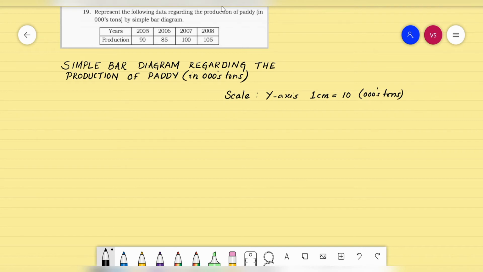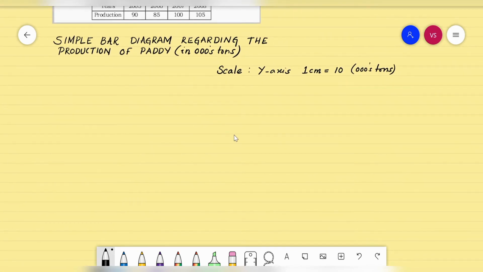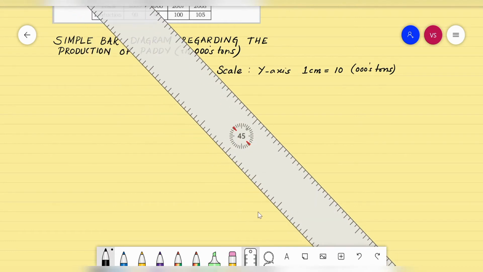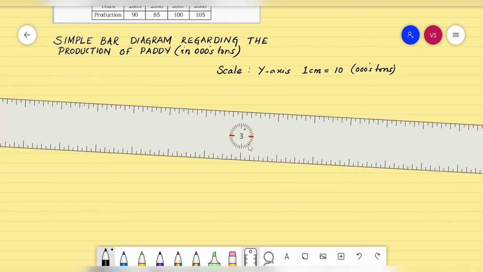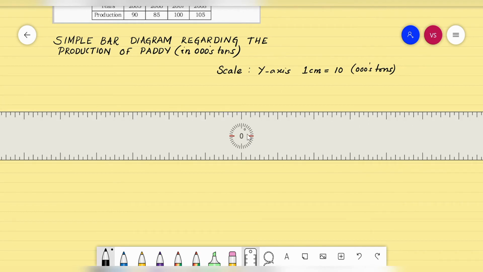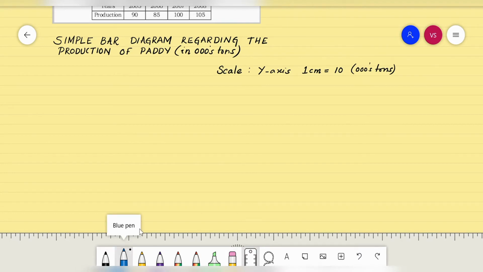So let's take a scale, and then let's draw the bar diagram, students. Is that okay? Right. First is the baseline for me. I'll keep it here as the baseline. Okay, students, I will take this blue pen and mark this as the baseline.